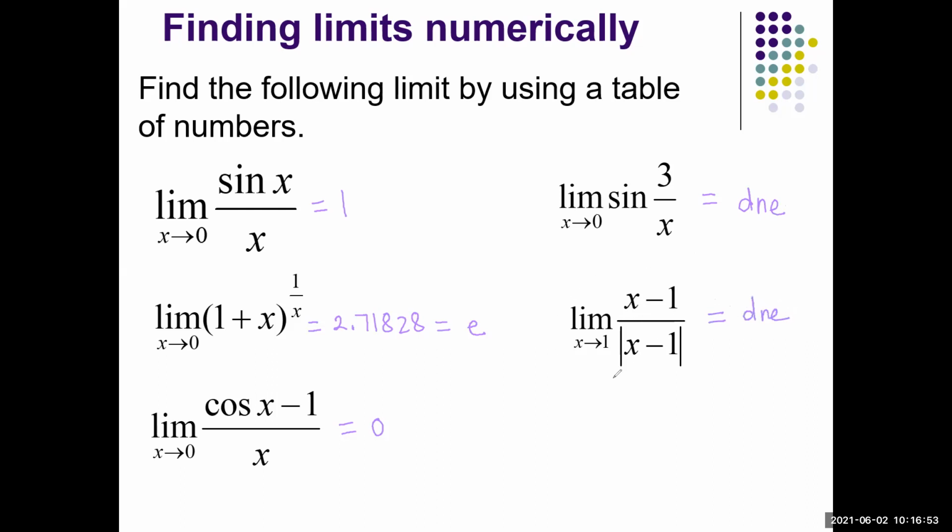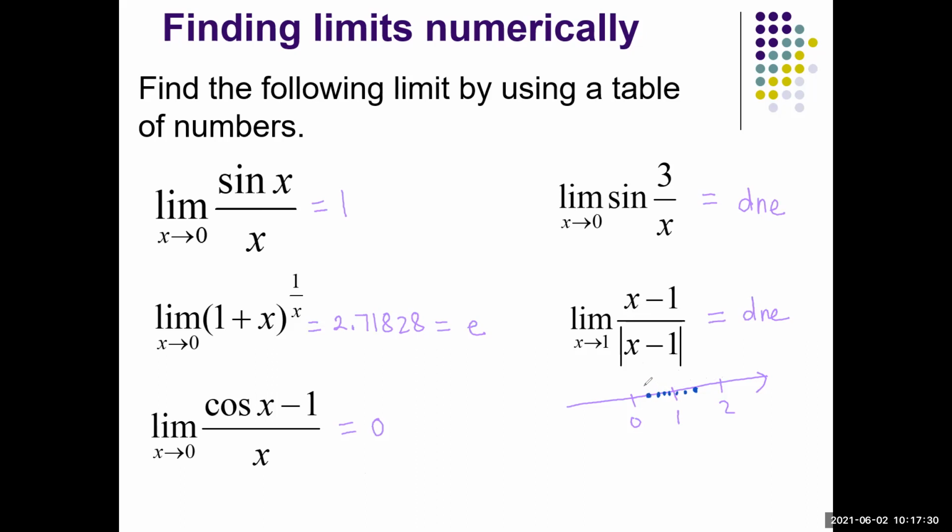For this example, I'm going to give you a hint. When you construct the tables, you will need to put a 1 here, since x approaches 1 from both sides, so you will need to pick values on the left and on the right of 1. Pick values getting closer and closer to 1 from the left, and values getting closer and closer to 1 on the right.